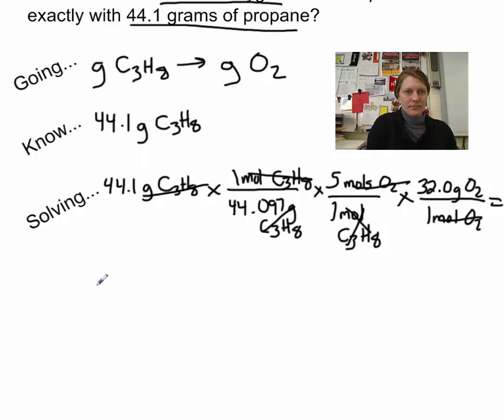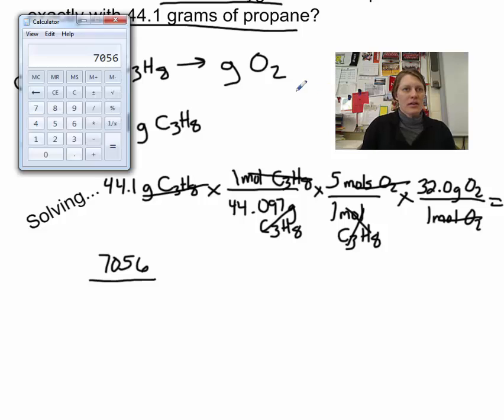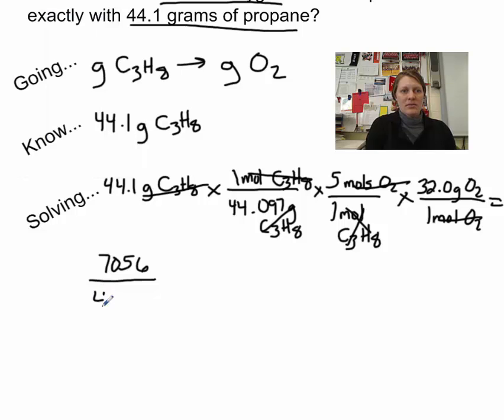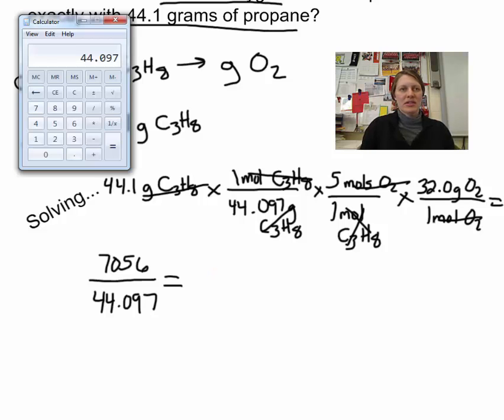So they'll write 7,056. And then they'll do the same thing on the bottom: 44.097 times 1 times 1, so we know that's the same thing. Now they get this, and then they can plug these two numbers into the calculator. So there are different ways to do it.